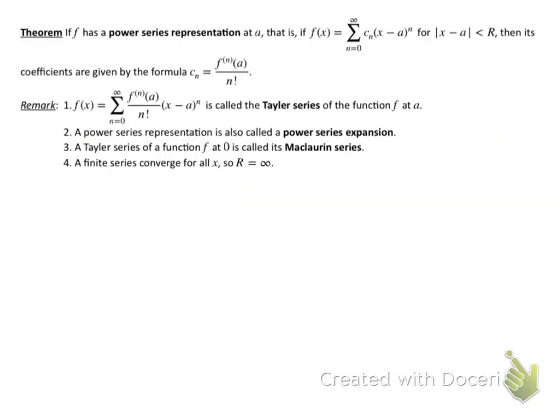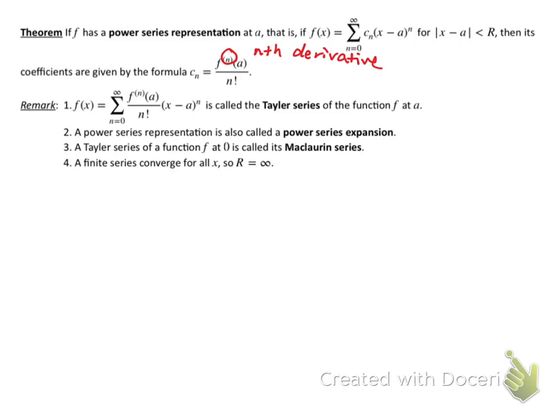Then we have the theorem in general. If f has a power series representation, which means f can be written as a power series at a, then the coefficients are given by the formula c_n equals the nth derivative of f evaluated at a, over n factorial.